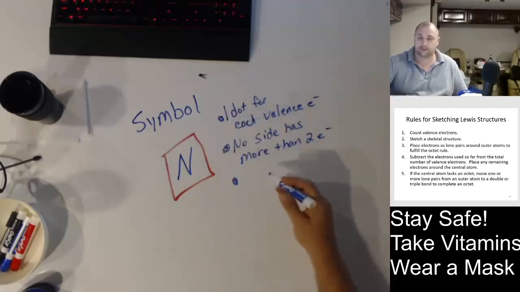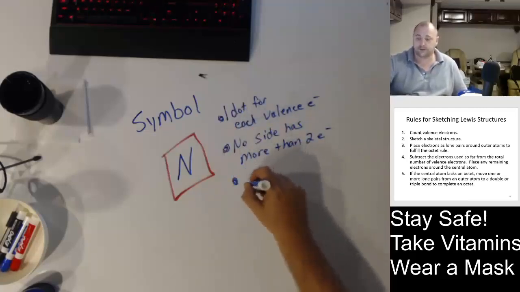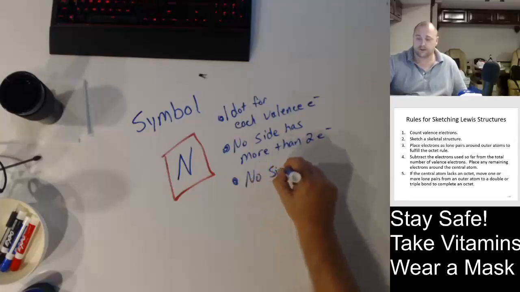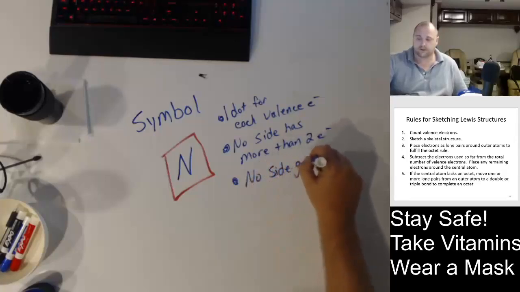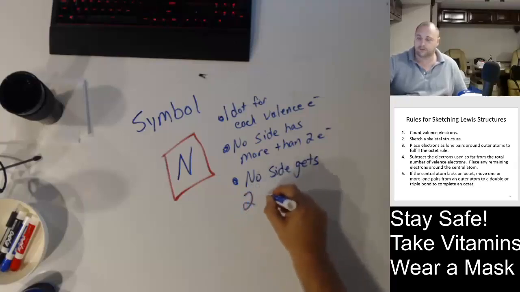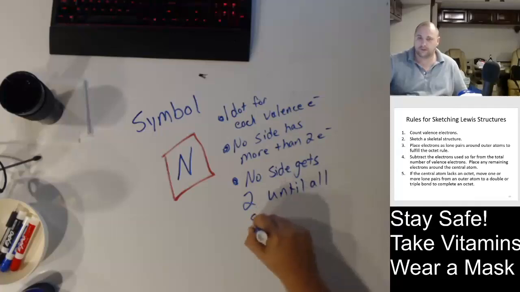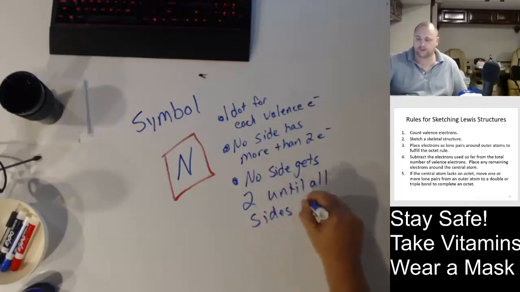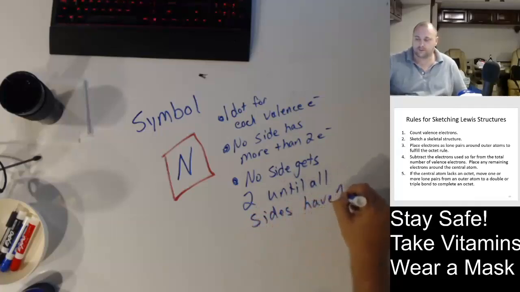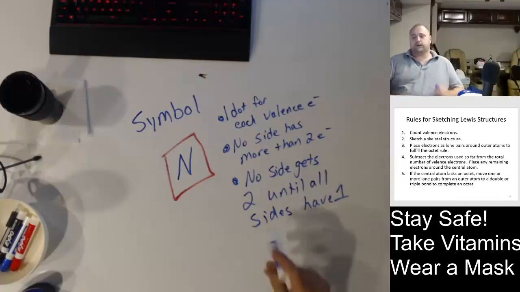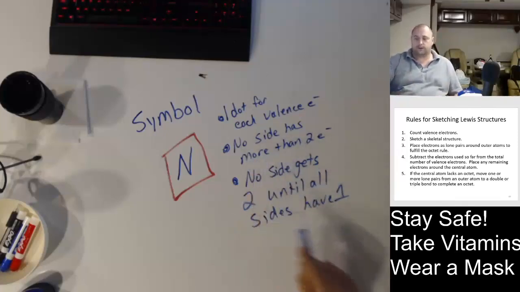And then the last little rule here is no side gets two until all sides have one. Now this is a lot of stuff going on and going in here, okay?